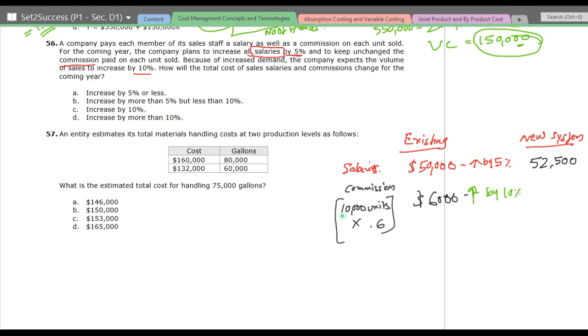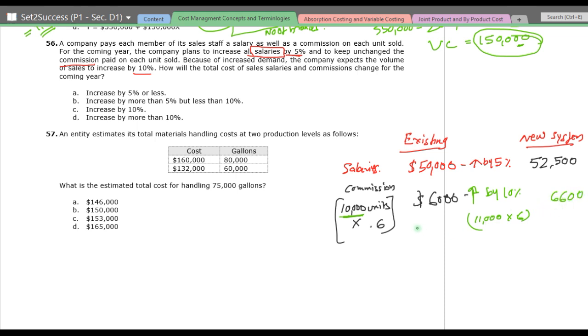So 10,000 units increased by 10% comes to 11,000 units, and 11,000 units will be paid at 0.6 because there is no price increase. So the new commission comes to be 6,600.